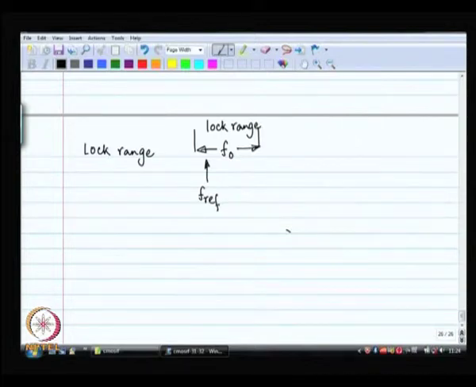So, there are a lot of these properties of phase lock loops. Now, we do not want to get into all of these details.